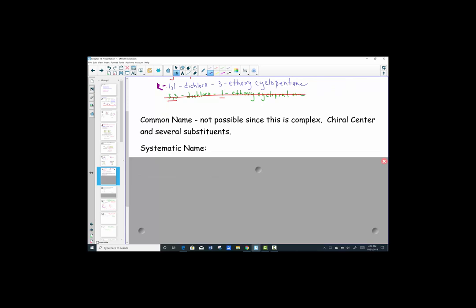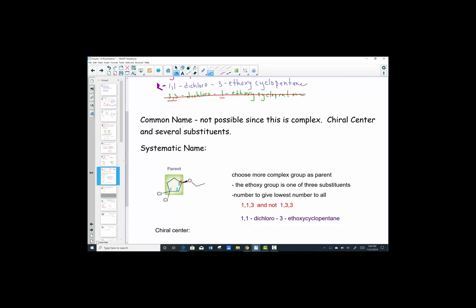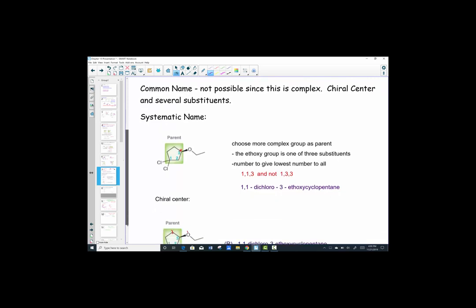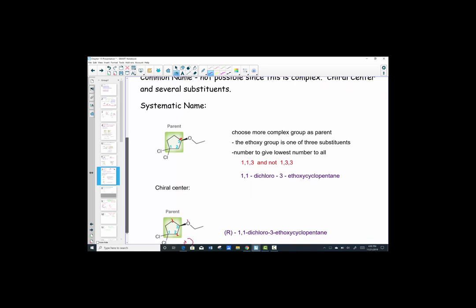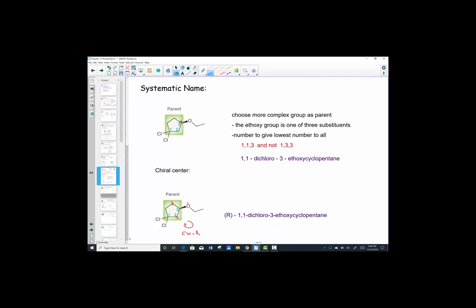So putting that all together, just to see that it all worked out, we know that we had a chiral center. We decided it was spinning R. We used the parent name of cyclopentane. We chose the more complex group as the parent, always making sure to give the lowest number possible, deciding that 1,1,3 was lower than 1,3,3.